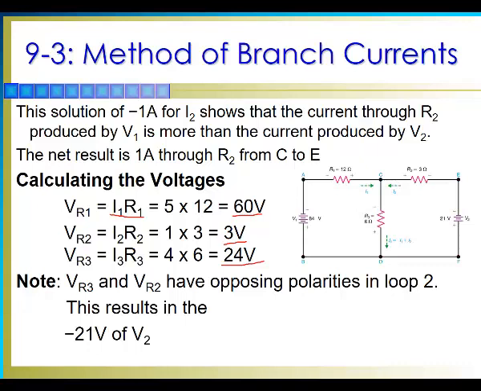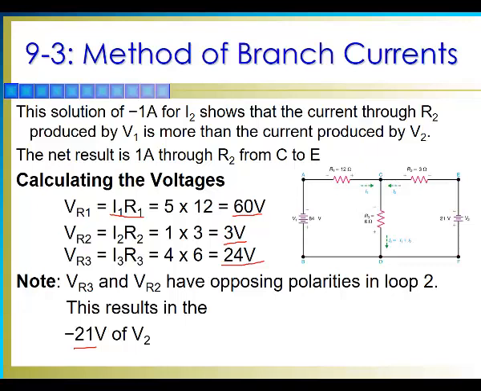Now notice that the VR3 and VR2 have opposite polarities in loop 2, okay. This results in minus 21 for V2. This one right here.